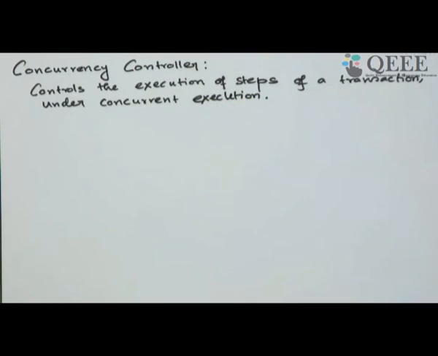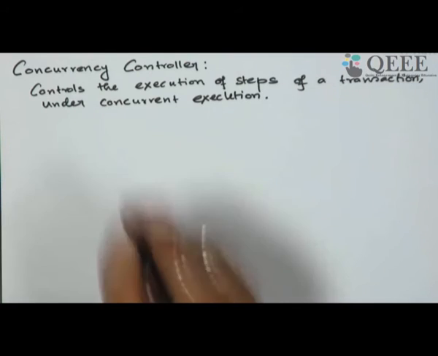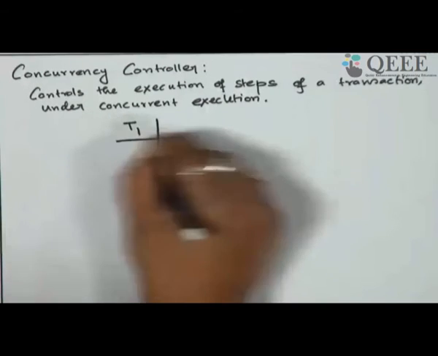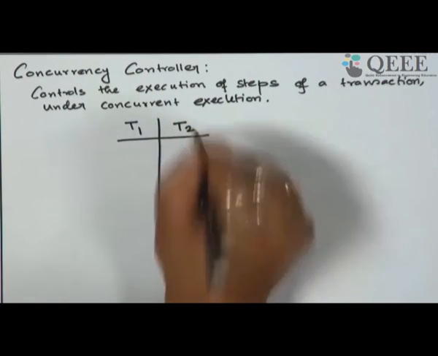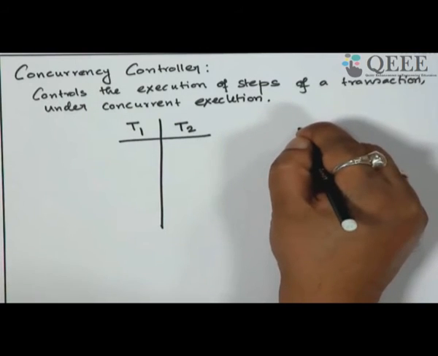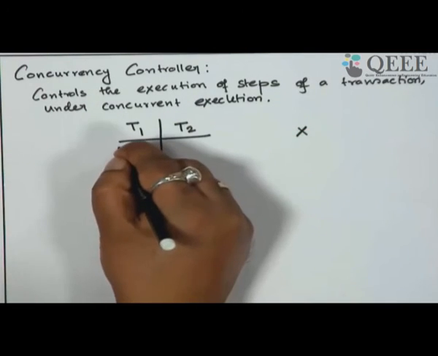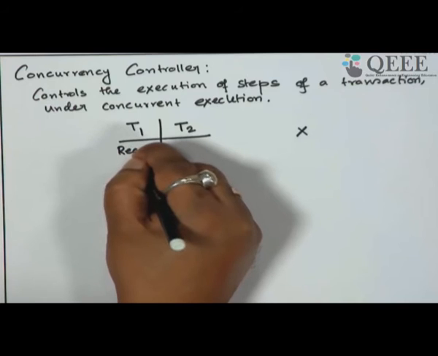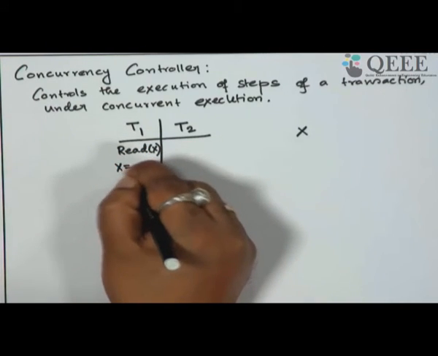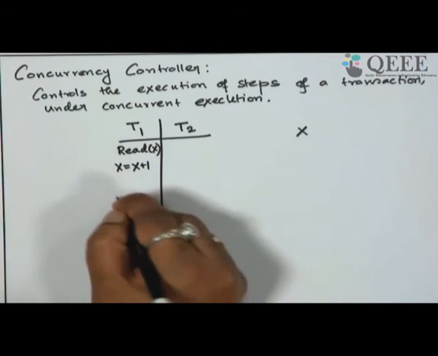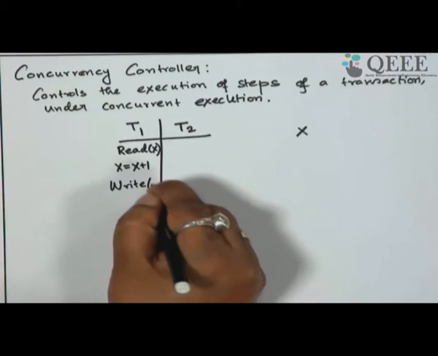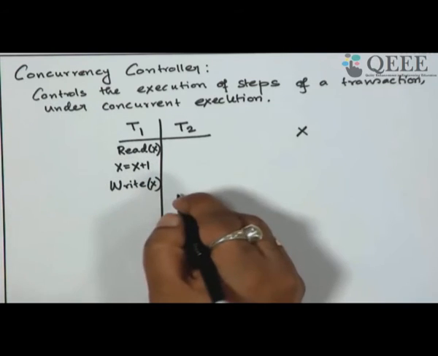Okay. So for example, suppose I have two transactions, T1 and T2. Usually I'll write them by this notation. Suppose there is one record X. T1 reads X, then makes X equal to X plus 1, let's say, then it writes X. This is one transaction.